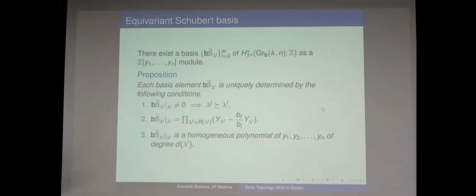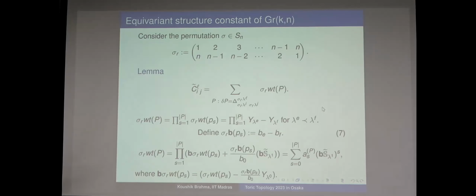With respect to this basis, it is nothing but some sigma weight p, where p is a puzzle whose boundary is sigma r lambda I, sigma r lambda j, sigma r lambda l. The sigma r will induce a Plucker permutation, and then we can define this. First, what is this puzzle? We need not be confused about the puzzle p.